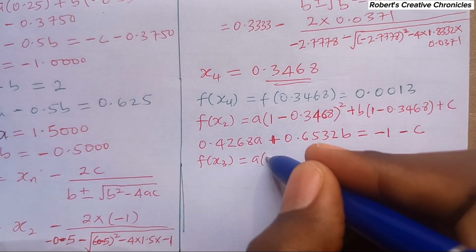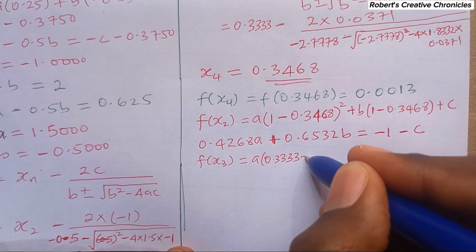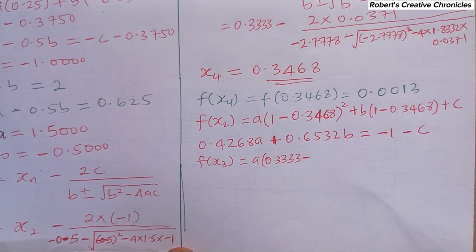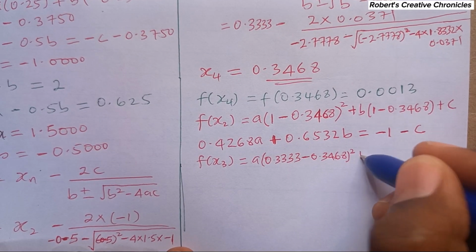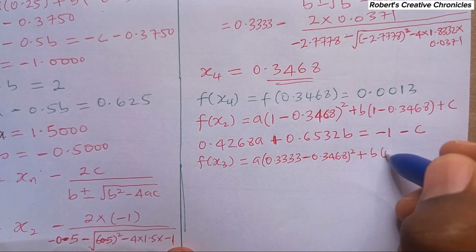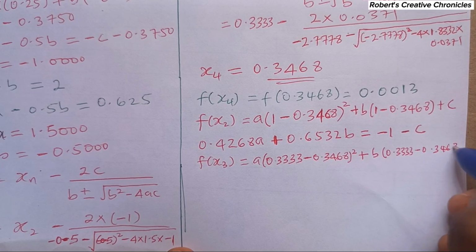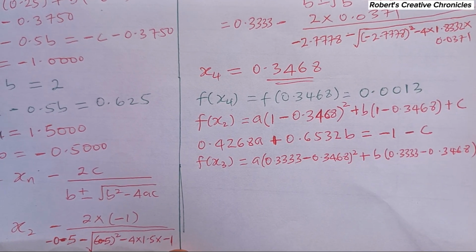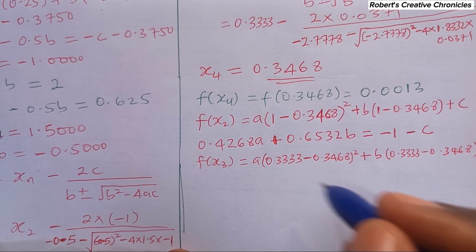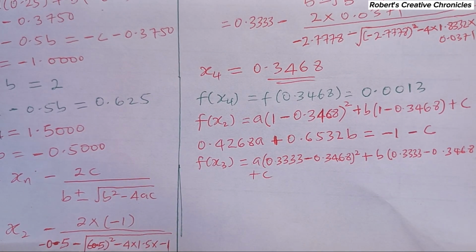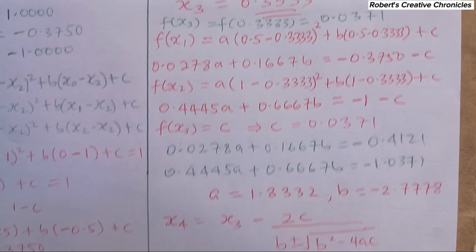So it will be what? 0.3333 minus what? 0.3468 square plus b times 0.3333 minus 0.3468, then plus c. So now what is fx3? fx3 is 0.0371.